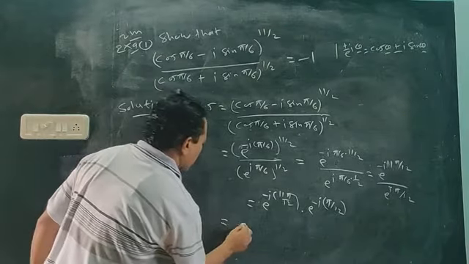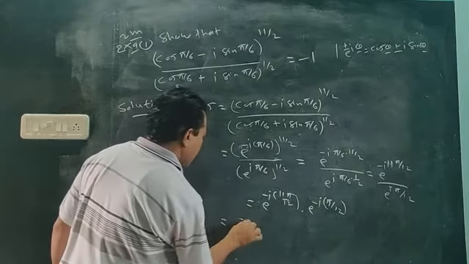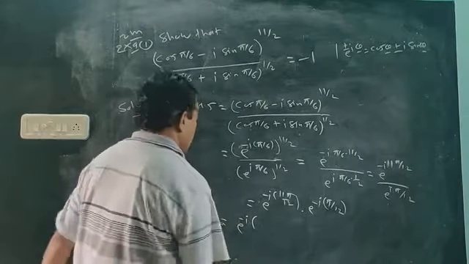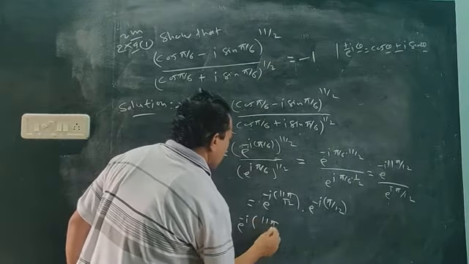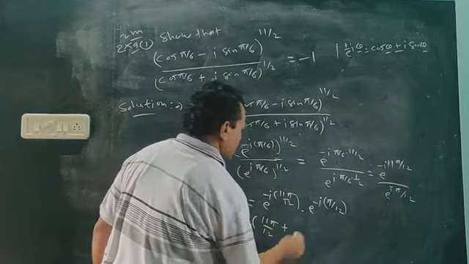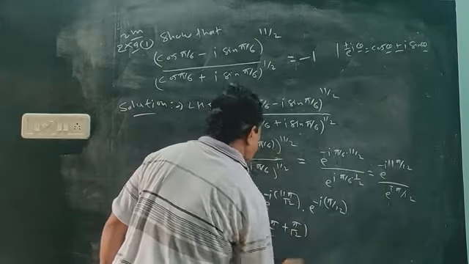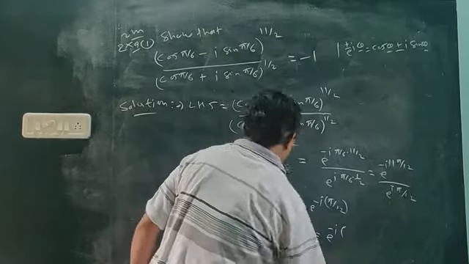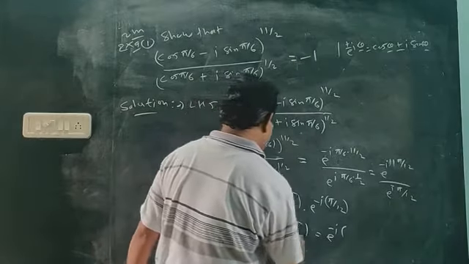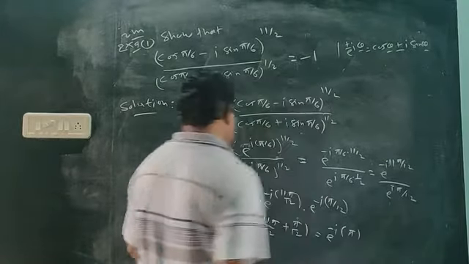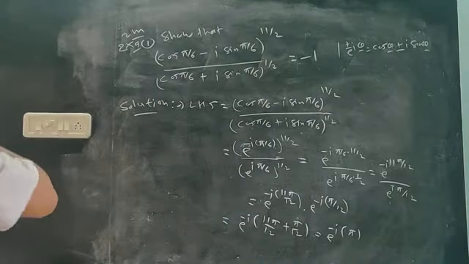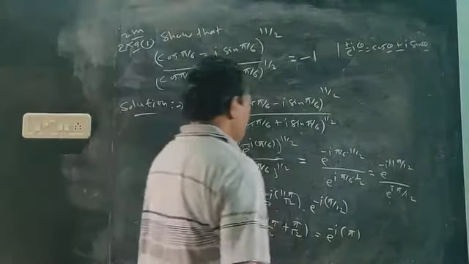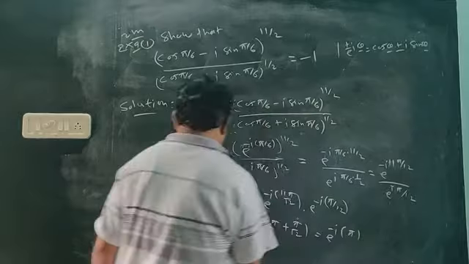Taking minus I common, by the addition law, 11 pi by 12 plus pi by 12 is 12 pi by 12, which is only pi. So e raised to power minus I pi.